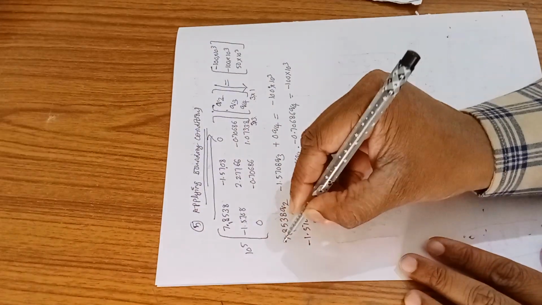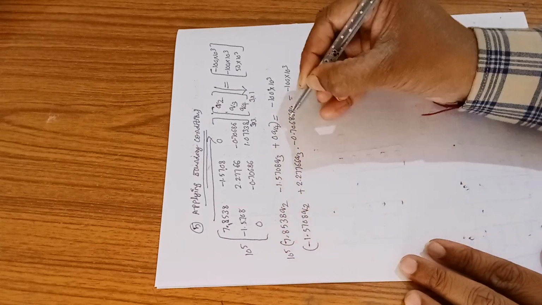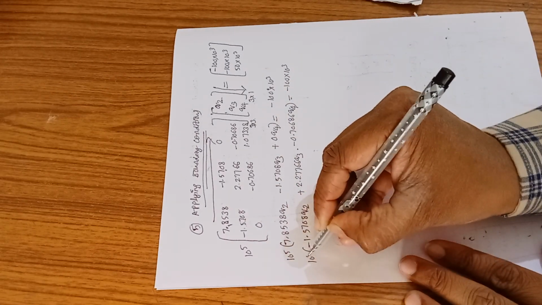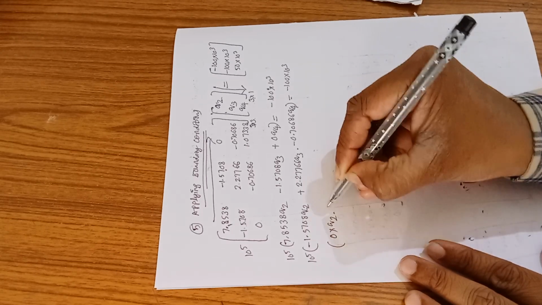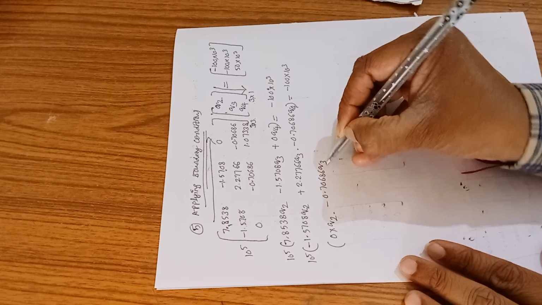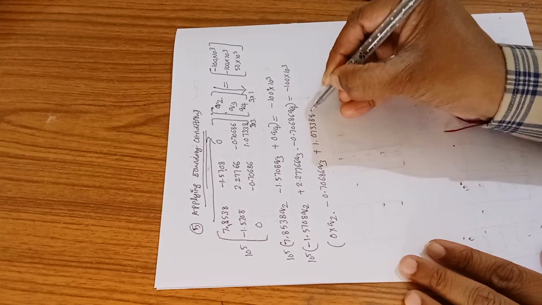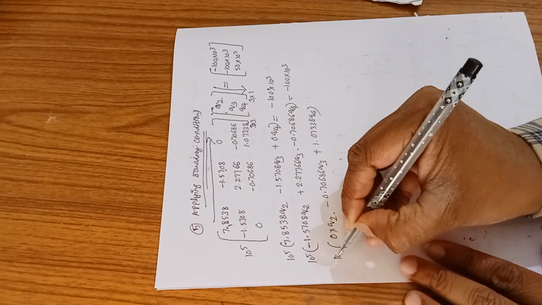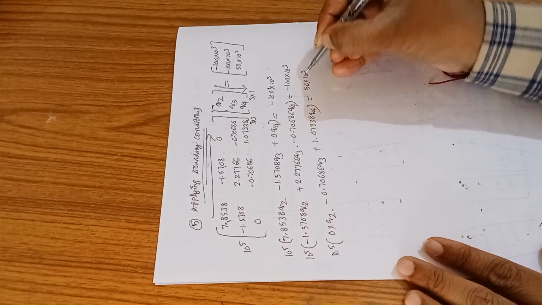If 10 power 5 is there, it is going to be here, and similarly here and here 10 power 5 is going to remain. And finally, it's going to be 0 into Q2 minus 0.70686 Q3 plus 1.07338 Q4, times 10 power 5, that is equal to 50 into 10 raised to 3. So this is what we have got.